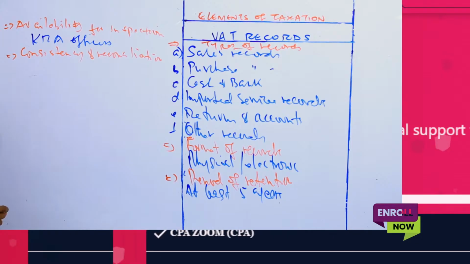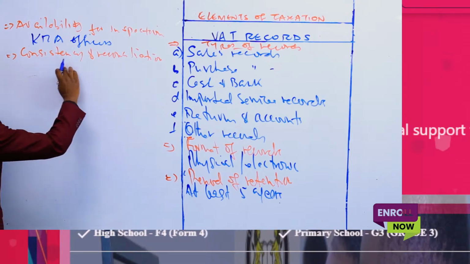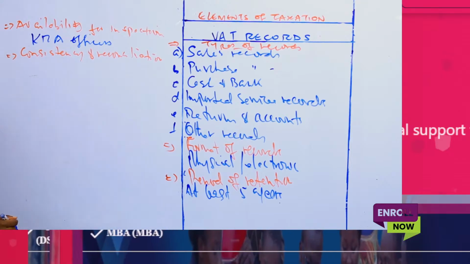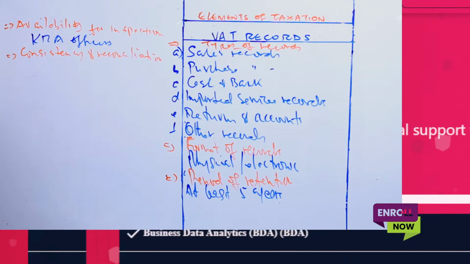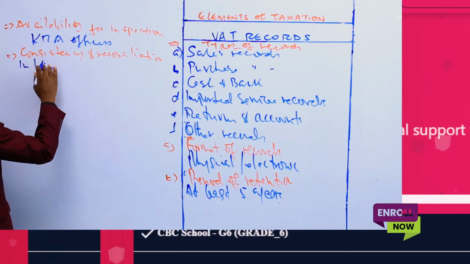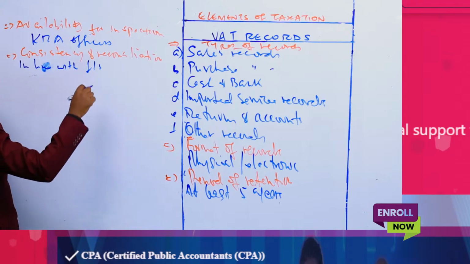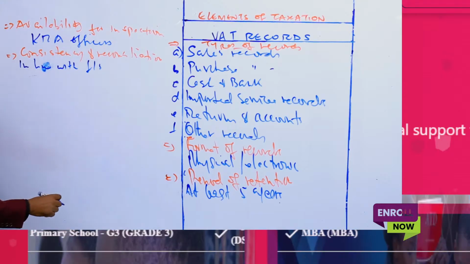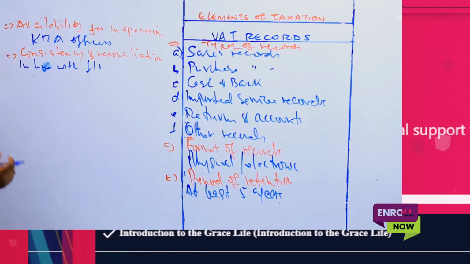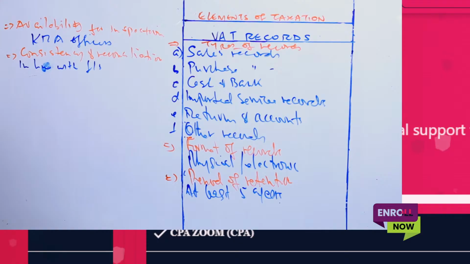Then we have another important point. We're talking about consistency and reconciliation. This consistency should be in line with financial statements, such that if the VAT records are not consistent with other records like financial statements, that can trigger additional assessments, can trigger audits, can trigger investigation, and therefore it's important to have regular reconciliations.